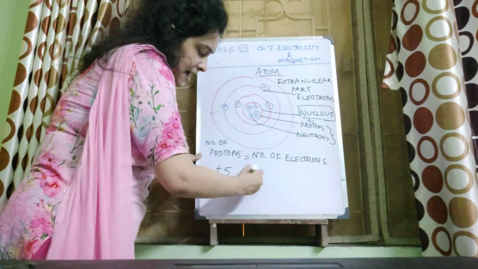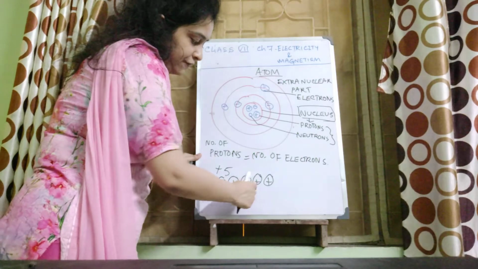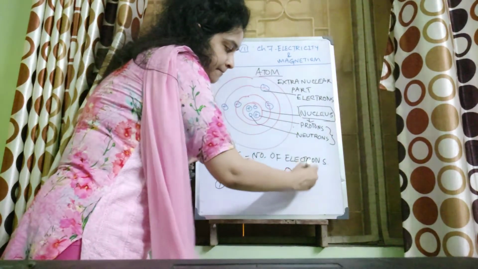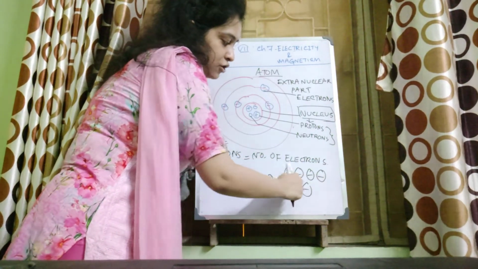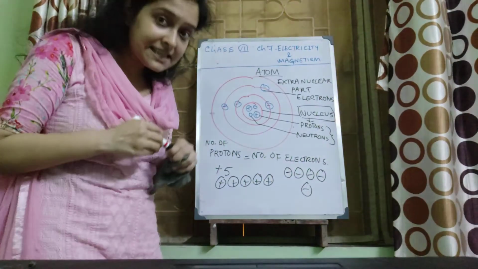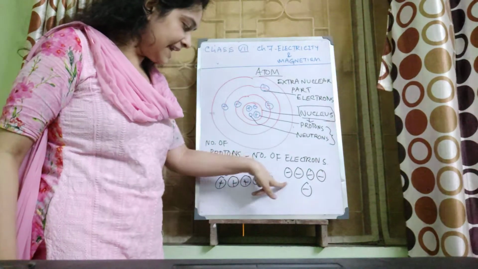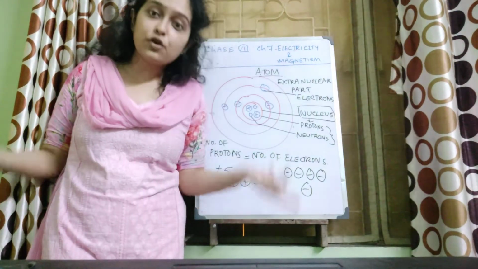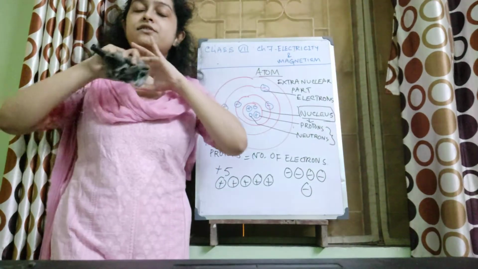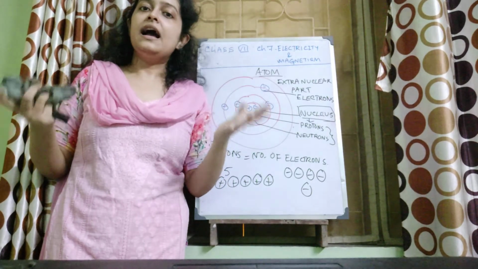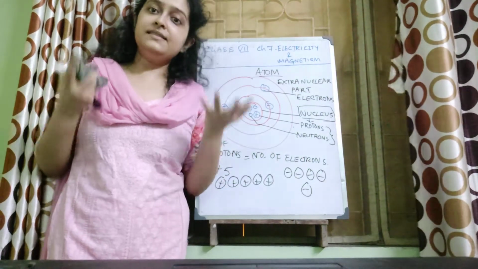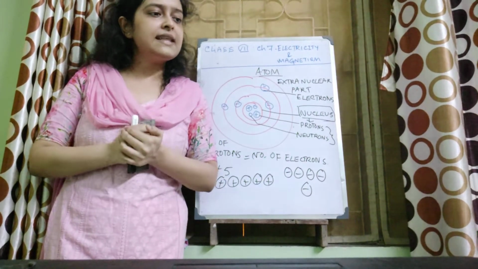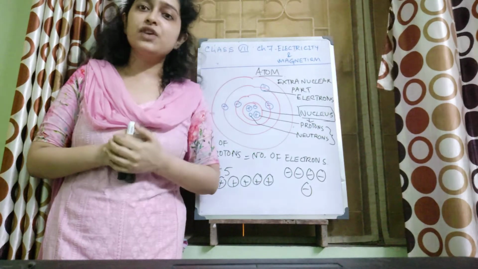Plus, 1, 2, 3, 4, 5 and 5 electrons therefore. 1, 2, 3, 4, 5. So, ultimately, plus minus gets cancelled. So, we get ultimately the total charge of an atom is 0. Atom is electrically neutral.